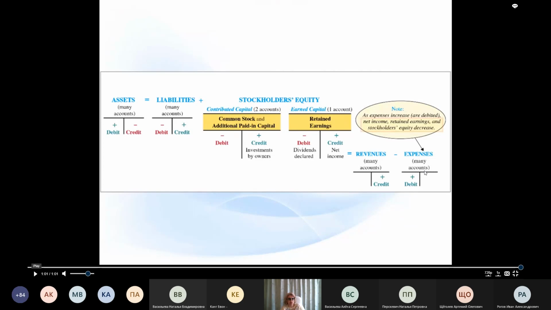So for expenses, we should apply the opposite approach: plus for debit and minus for credit. This is what we should understand. To recognize an increase in expenses, we debit all expenses, but for revenues, we credit all revenues. Now you can see that we always stay in balance because of this mathematical approach.